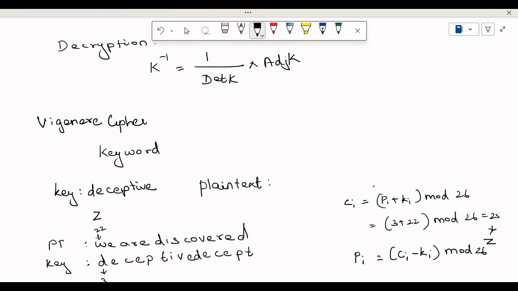So here the positional value of Z is 25 minus the positional value of the key character 3 mod 26, which is 22. So the equivalent is W. So this is how the encryption and decryption happen.